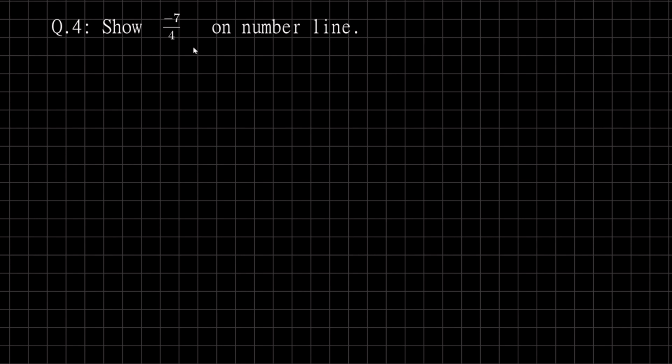This is our next question. If we ignore its negative sign, it is an improper fraction. So let's first convert it into a mixed fraction. Negative 7 over 4 is equal to negative 1 and 3 over 4. We have already discussed, if we have a negative number, instead of going rightward from 0, we go leftward from 0.